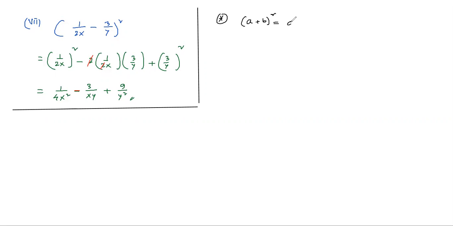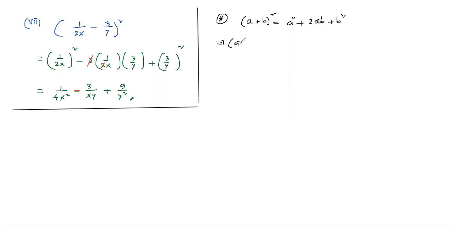We have (a plus b) whole square equal to a square plus twice ab plus b square. This is one. So now what exactly I am going to do is this. Just try to see. This twice ab, I want to bring to the left side. Then there will be a new shape developed.